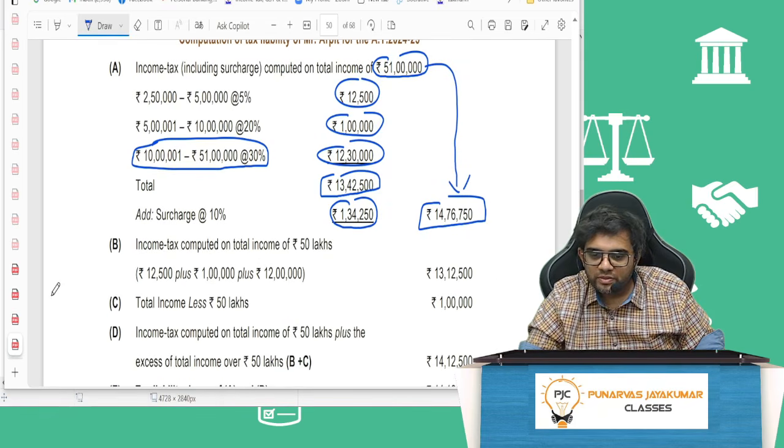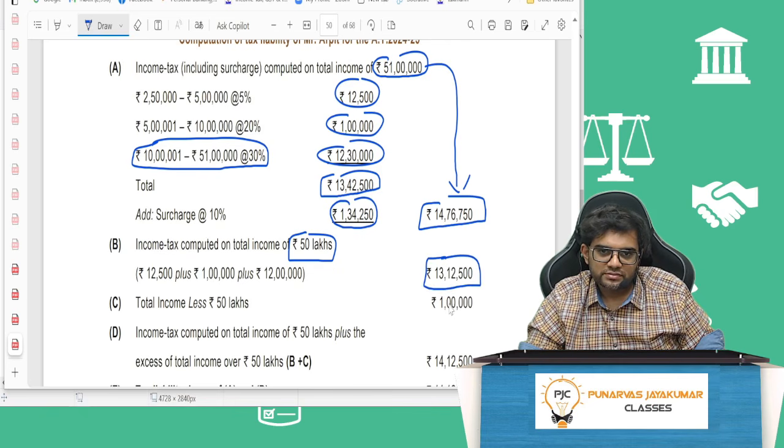But if I had to pay only on 50 lakhs, then I would have paid only 13 lakh 12,500. Normal 12,500 plus 1 lakh plus 12 lakh. How did 12 lakh come? 10 lakh to 50 lakh is 40 lakh. 40 lakh into 30%, 12 lakh.